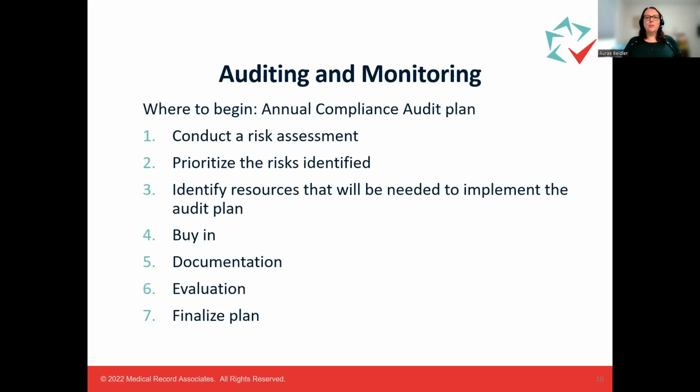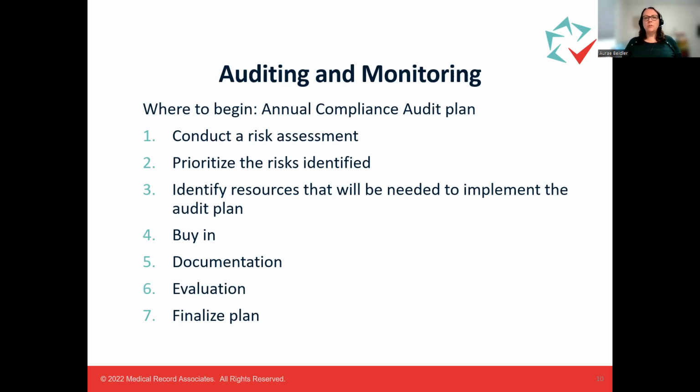Okay, so with our annual compliance audit plan, where to begin? We really want to determine the preliminary list of compliance risks to be assessed. Like I said before, we're going to go through this and then determine, are there risk indicators which should be a higher priority, and how do you prioritize them? So we're going to conduct a risk assessment, however that may be.